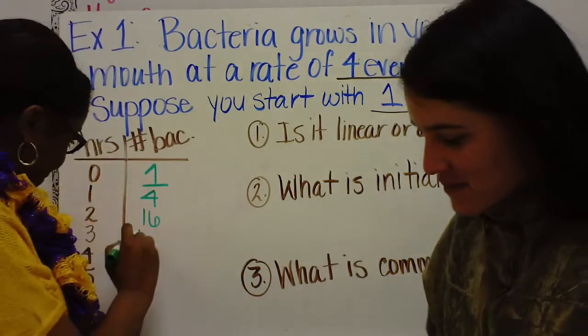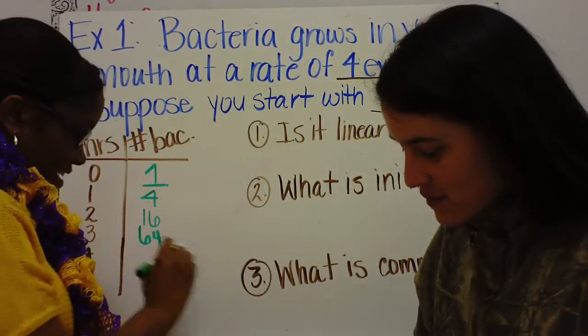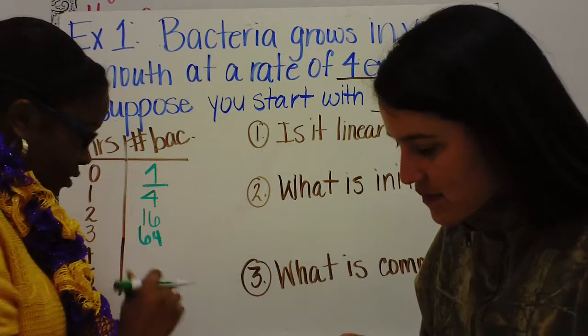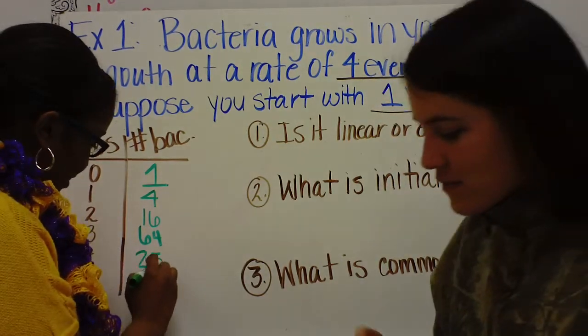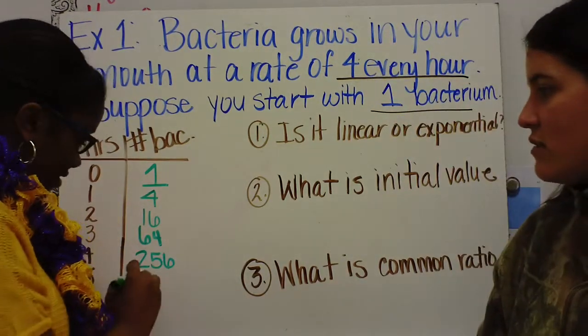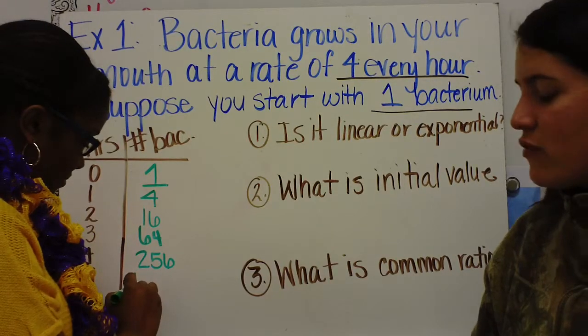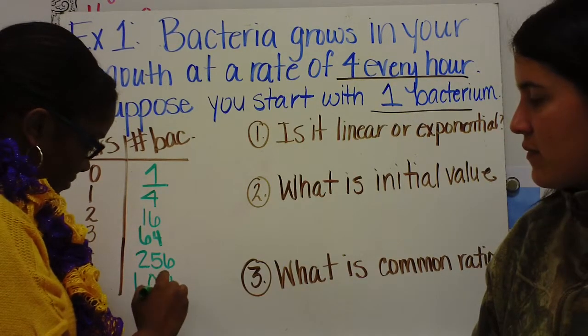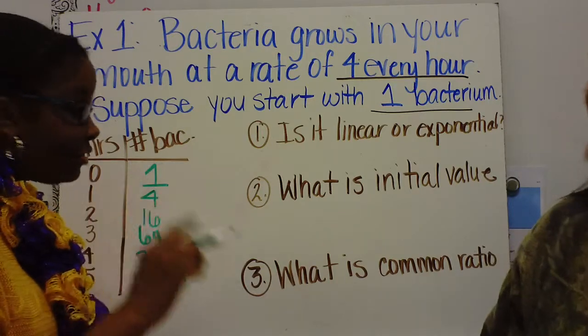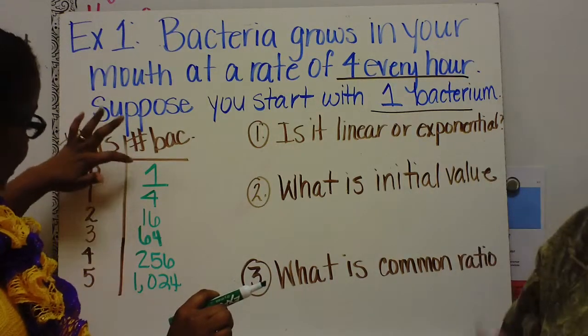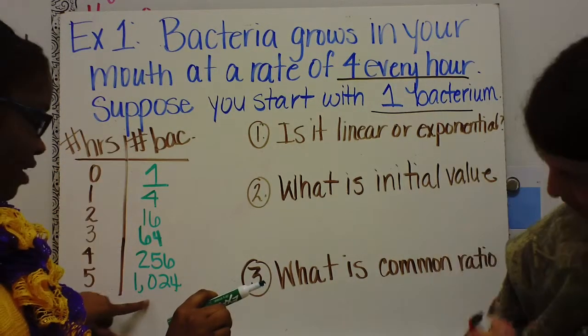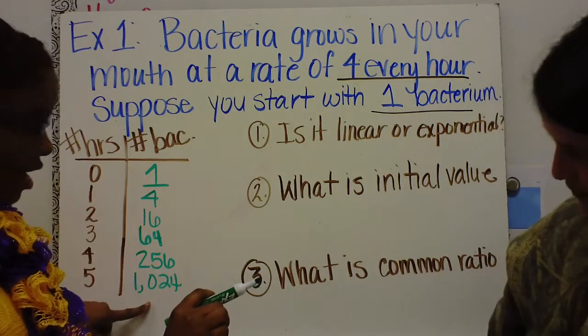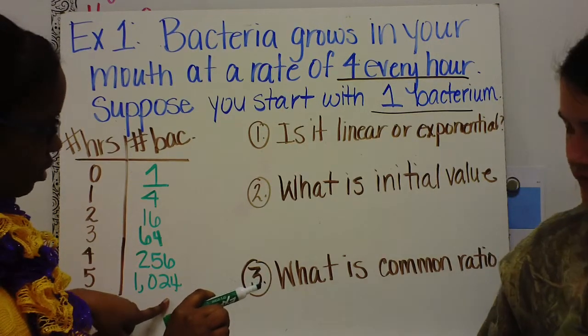All right, 64. And 64 times 4 would be 256. 1,024. See, calculators are good. All right, so this is the amount of bacterium we're going to have in our mouth after only 5 hours, 1,024.